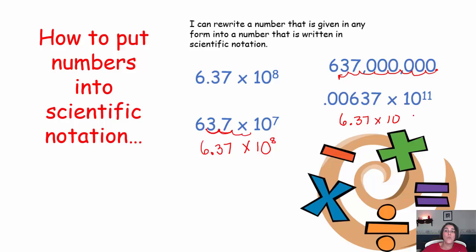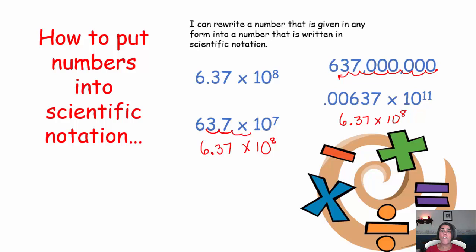And the issue is, what power? Well, if I look at this number, and I know I'd have to move that 11 places to the right, 1, 2, 3, 4, 5, and I continue on 11 places to the right, I'd say, well, if I start it right here, instead of 11 places to the right, I'd only have to move it 10, 9, 8 places more to the right to get to 11. So that's 6.37 times 10 to the 8th.